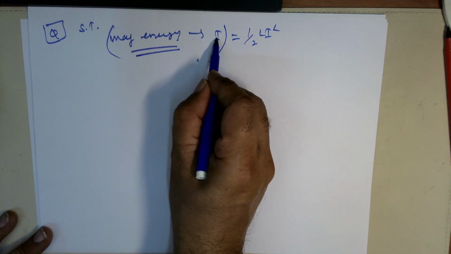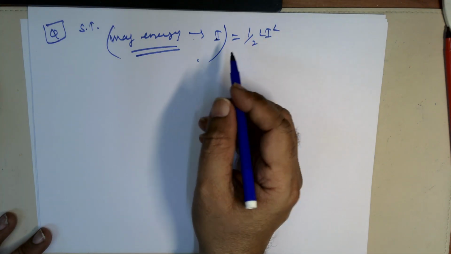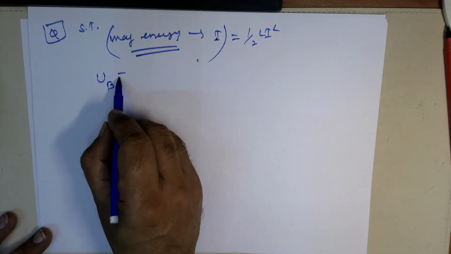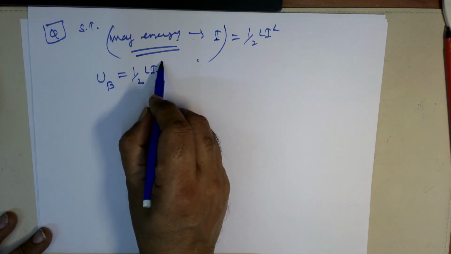So the magnetic energy with the current I is equal to half Li square. It means magnetic energy is given by UB. You have to show UB is equal to 1 by 2 L I naught square.